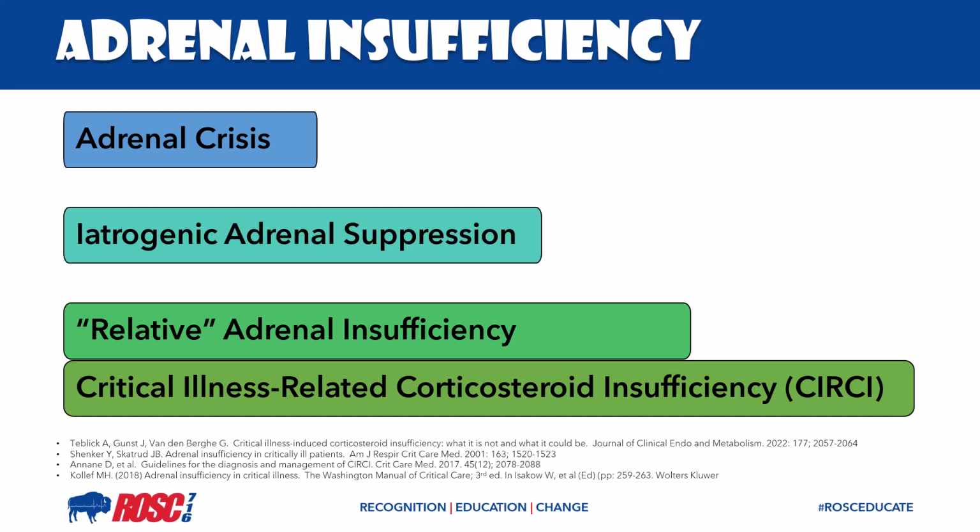There seem to be at least 3 major factors at play. 1, the HPA axis becomes impaired due to hypoperfusion and shock and the high levels of cytokines. 2, there seems to be impaired cortisol metabolism in the kidney and the liver. And lastly, number 3, there's impaired cortisol to tissue binding due to low levels of carrier proteins and binding globulins.